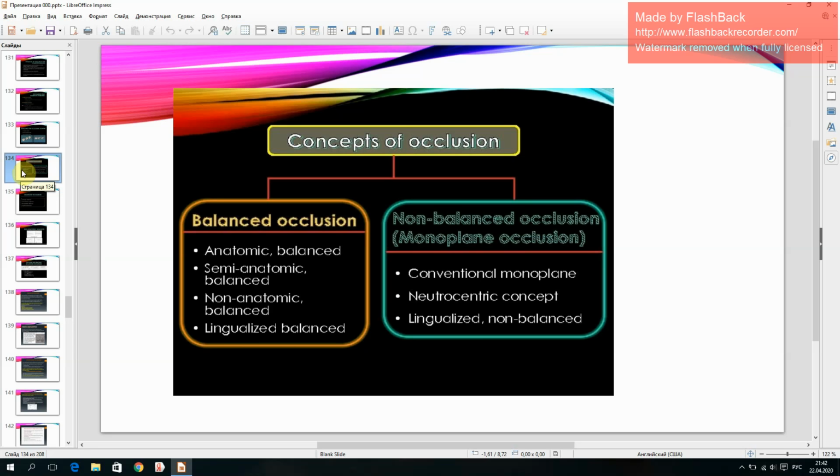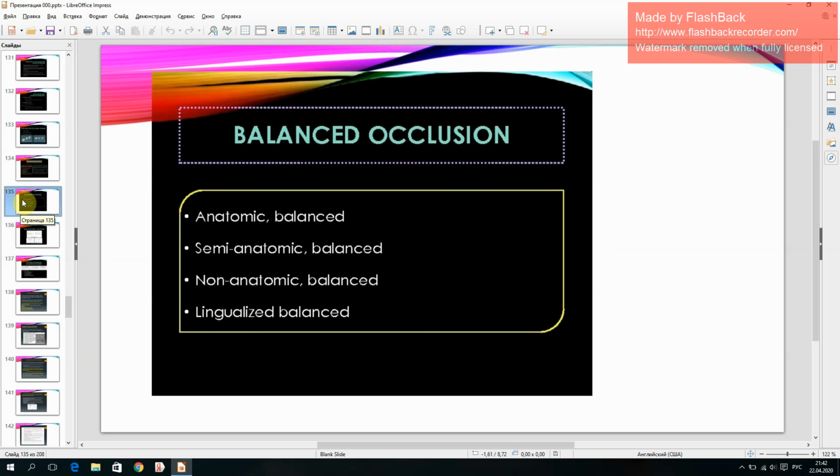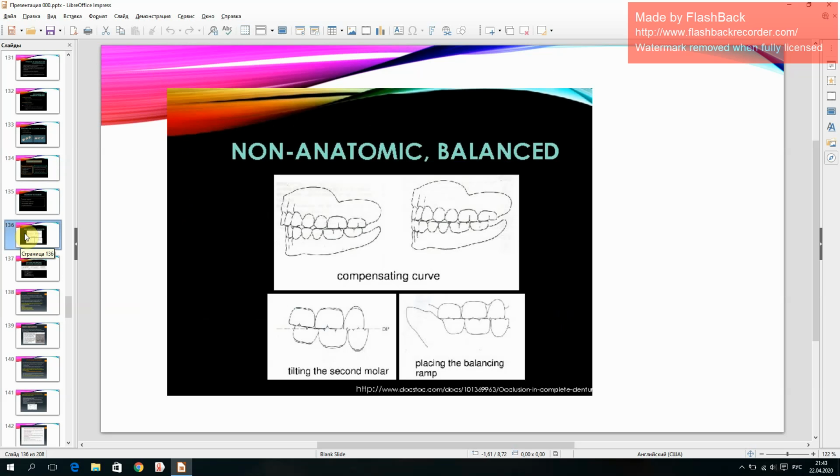Non-balanced occlusion: monoplane occlusion, the conventional monoplane, neurocentric concept, and lingualized non-balanced. Compensating curve, tilting the second molar, placing the balancing ramp.